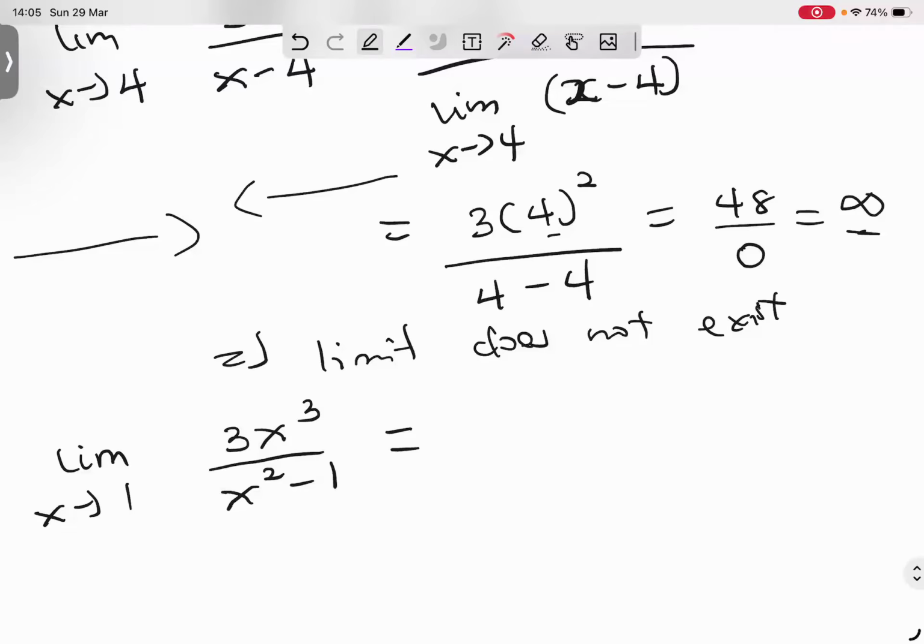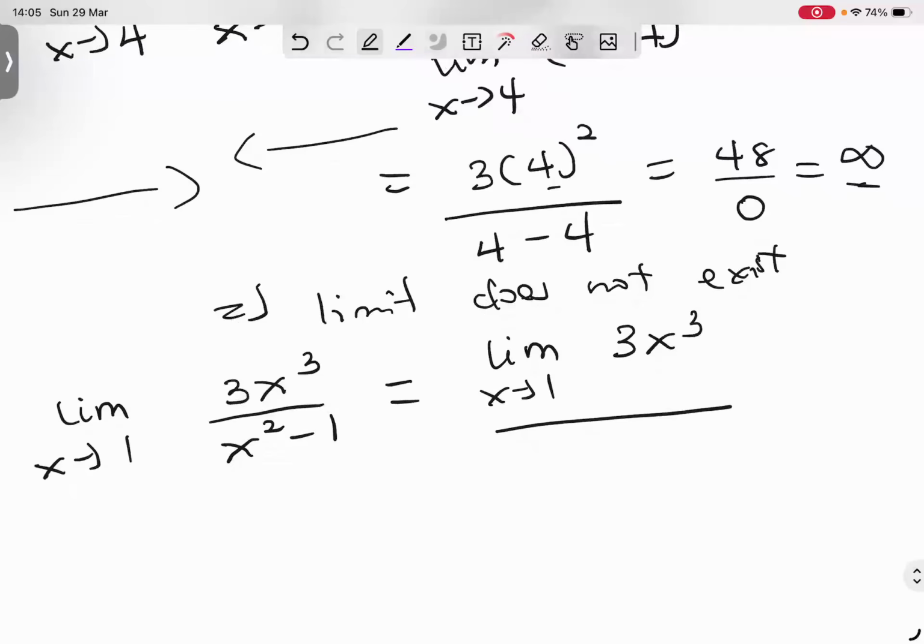Apply the limit. The limit of 3x cubed as x approaches 1, divided by the limit of x squared minus 1 as x approaches 1. All right, then what else do I need to do?